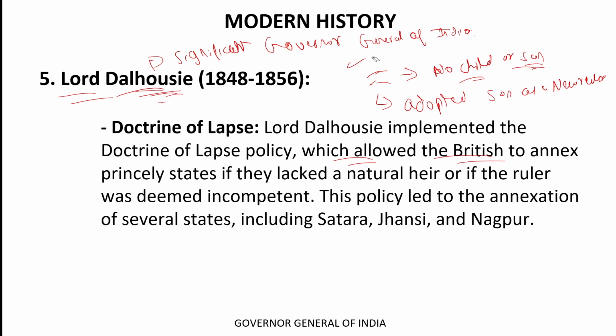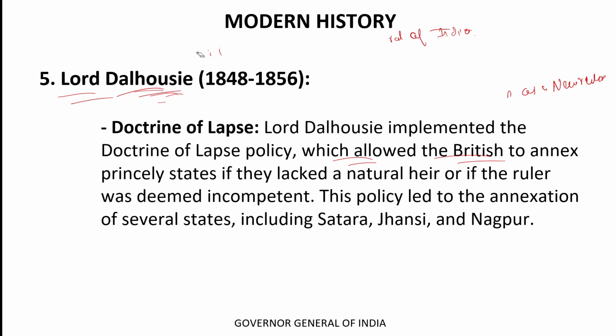Let me explain it simply so that you can understand it better. Suppose the ruler has no biological son, but he adopted someone. The ruler is X, the child is Y. He adopted Y to be the new ruler.